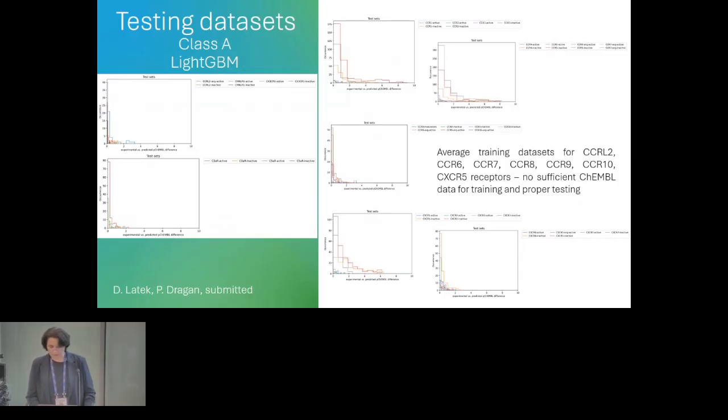These exceptions refer to receptors for which there were no sufficient data in ChEMBL for training of ML models. Also, chemokine CXC receptors demonstrated moderate challenge in activity prediction due to a distinct distribution of ligands in training datasets, as I've shown you before.